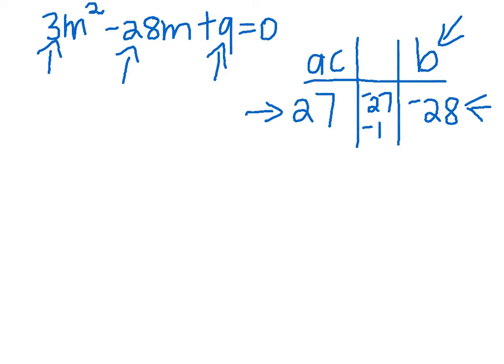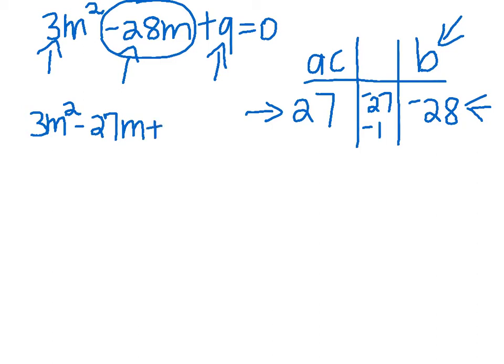Now we're going to go ahead and factorise this. We're going to break up this minus 28m term into minus 27m and minus m. So we'll rewrite that. So we've got 3m squared take 27m plus, and I'll put these in brackets, I'll group them together, plus negative m plus 9, and we're going to set that all to equal 0.